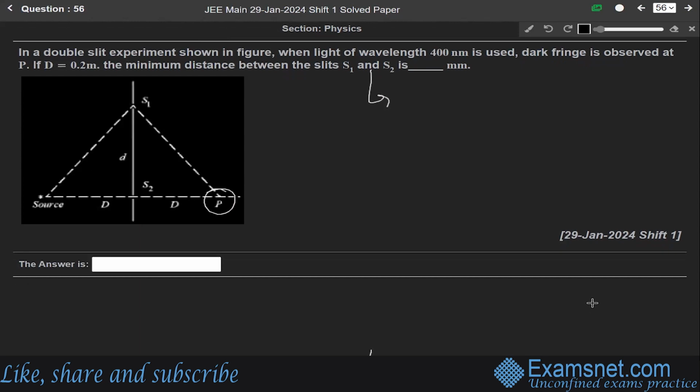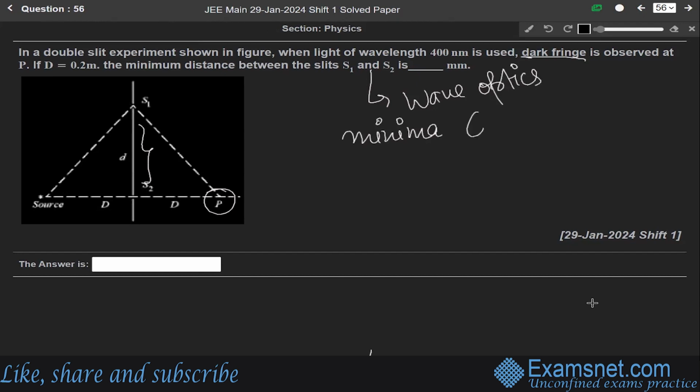This question is from the chapter of wave optics. We have to find the minimum distance, small d, between the two slits S1 and S2.